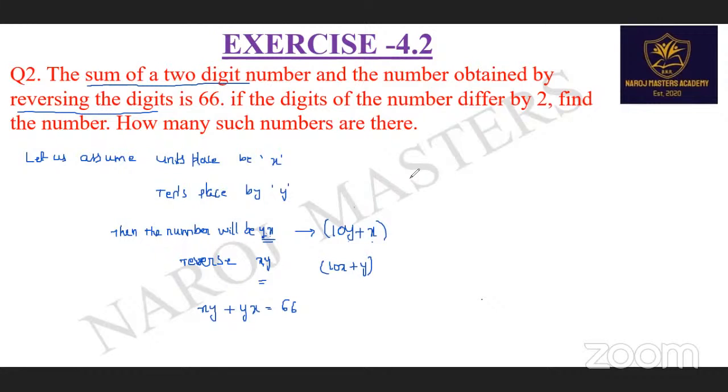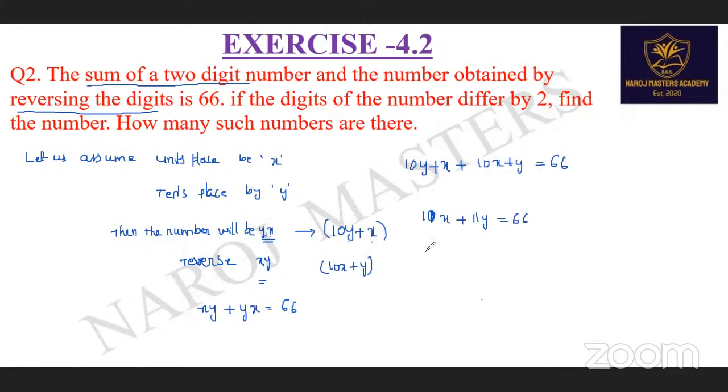Add these two numbers: 10y plus x plus 10x plus y is equal to 66. So here it is 10y plus 10x plus x plus y. So this is 11x plus 11y is equal to 66.